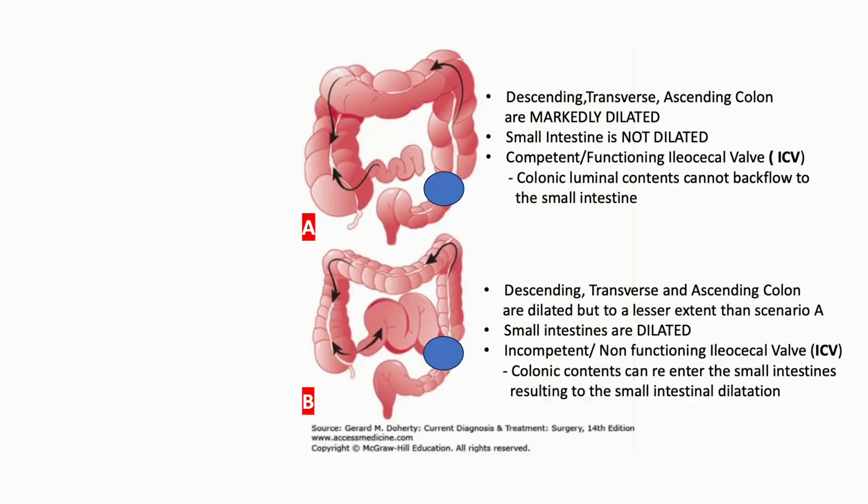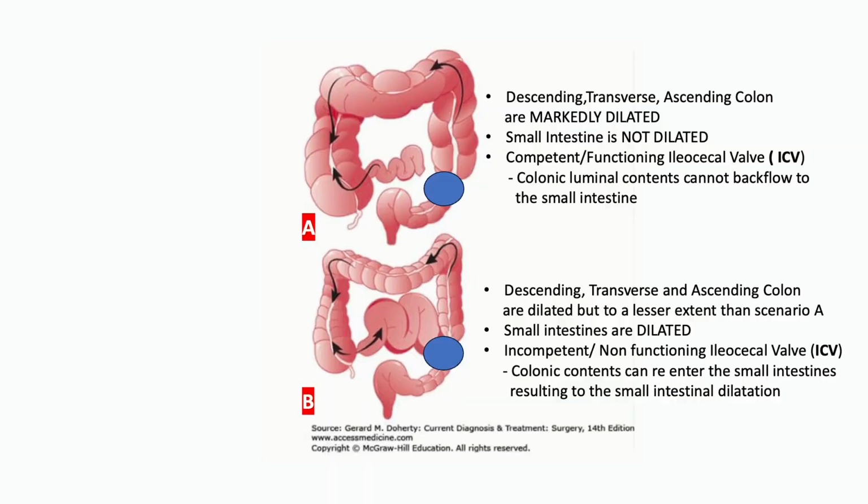Thus, in colonic obstruction, there will be two possible scenarios dependent on the function of the ileocecal valve, namely a competent or a functioning ileocecal valve versus an incompetent or non-functioning ileocecal valve. This condition is clearly depicted by this slide where both scenarios A and B are obstructing sigmoid cancer. Scenario A has a markedly dilated descending, transverse, and ascending colon, but a non-distended small intestine.